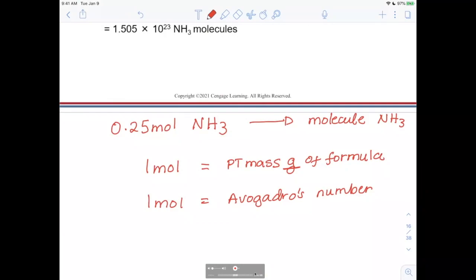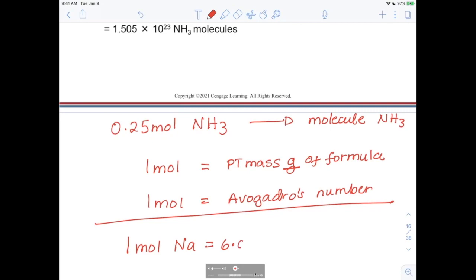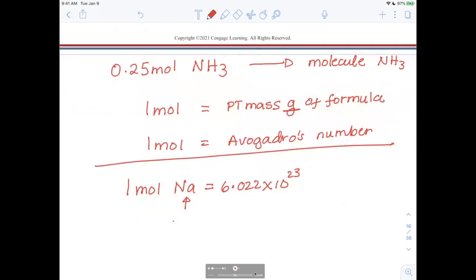If I say here 1 mole of sodium equals, I'm trying to explain Avogadro's number, I'll say 6.022 times 10 power 23, and since this right here is an element, the formula here is an element, the units that are being counted are actually going to be atoms.